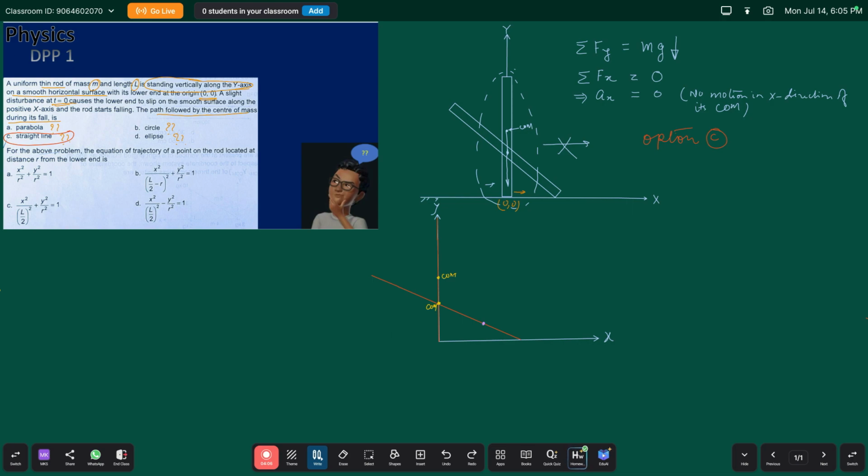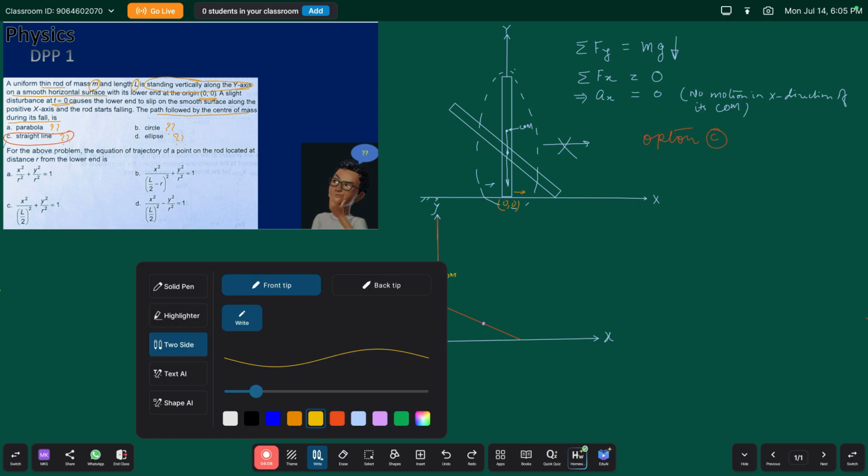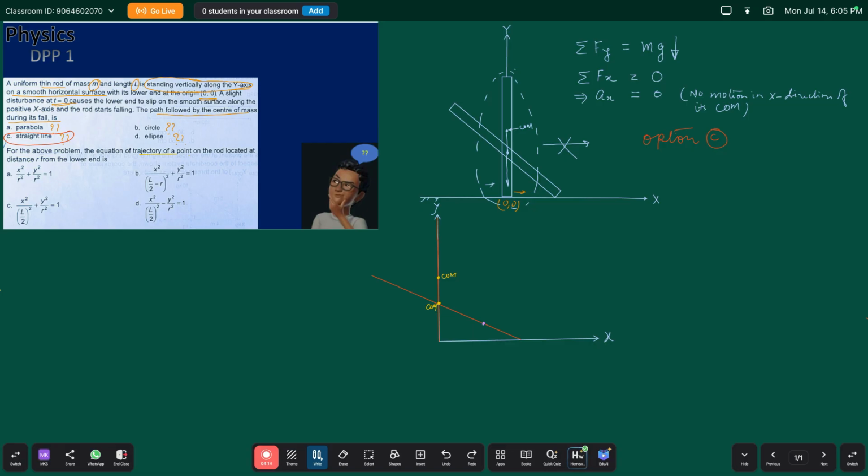Now we continue with the second part of it. For the above problem, the equation of trajectory of a point on the rod located at distance r from the lower end. So the same diagram has been brought here.